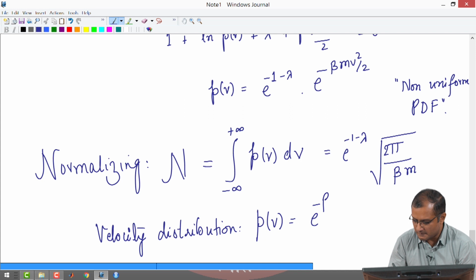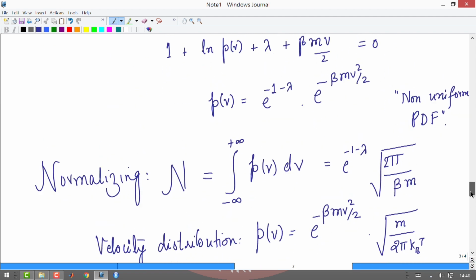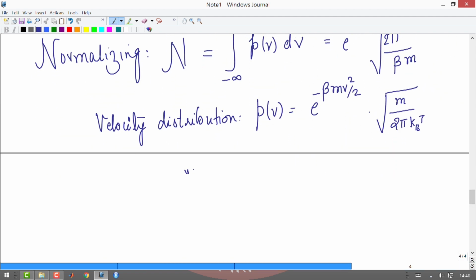It is e raised to minus beta mv square upon 2 into the square root of m upon 2 pi k_B T. So, this is basically the Gaussian or Maxwell-Boltzmann distribution. This is the Maxwell-Boltzmann distribution of velocities.